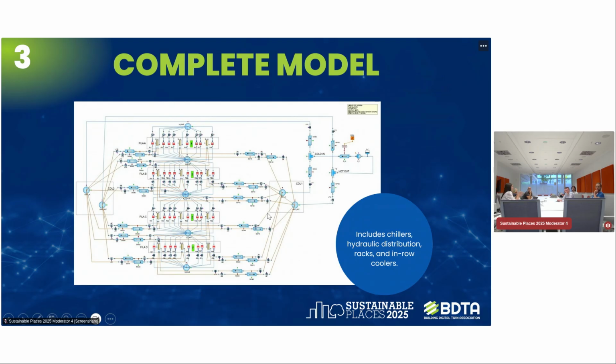This is why I was saying that you can't study a volume on its own. You need the complete model. This includes chillers, hydraulic distribution, racks, and in-row coolers. So the idea is to have this in Simulation X and in EcoSimPro and compare them.